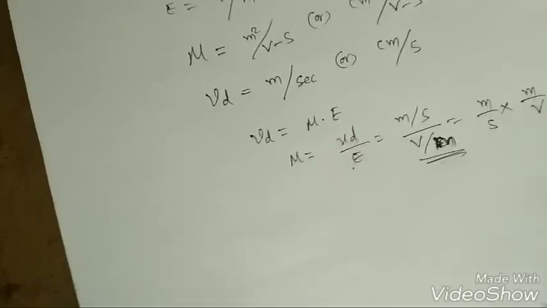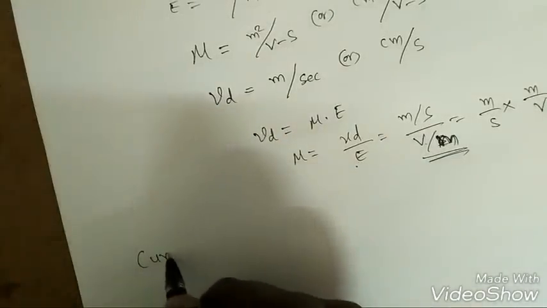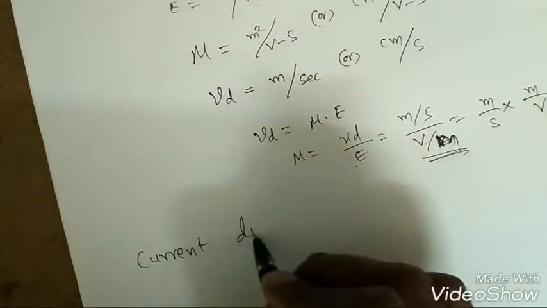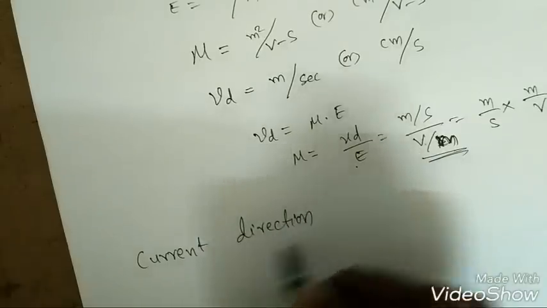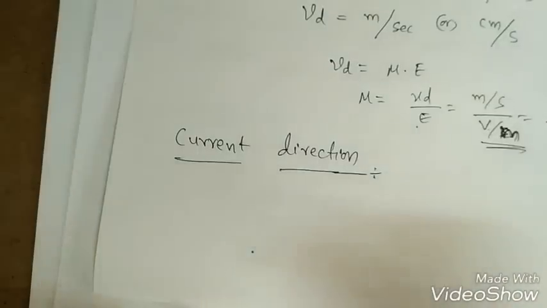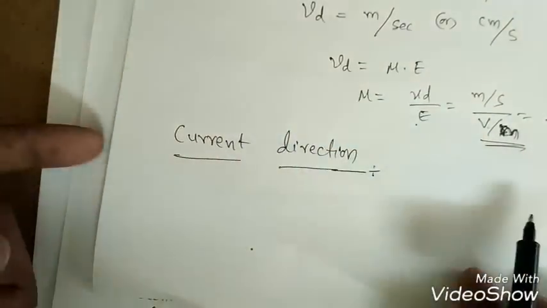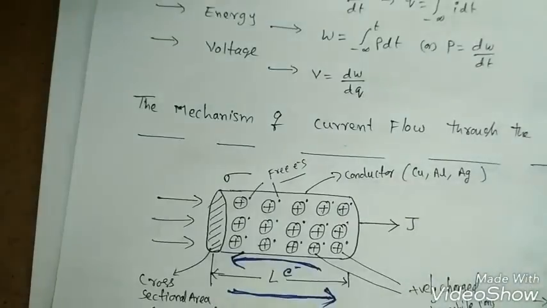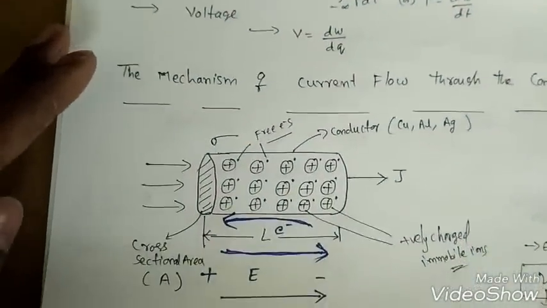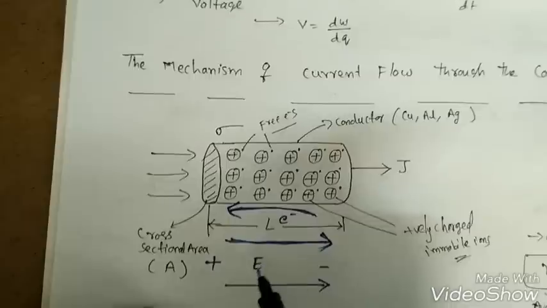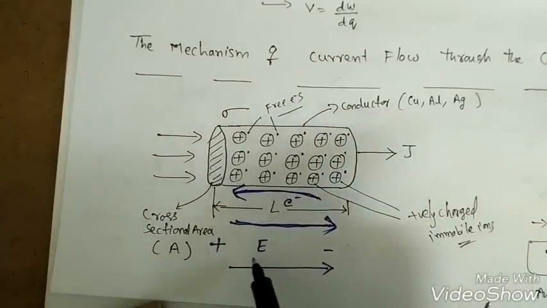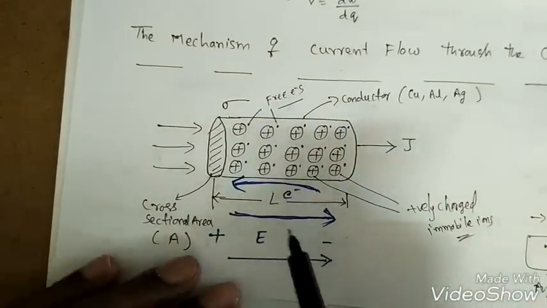Next we will see the current direction, right? So what is the current direction? Now if I take again this picture, in any conductor or any material, suppose this is the conductor. Suppose we apply an electric field, as we previously discussed.